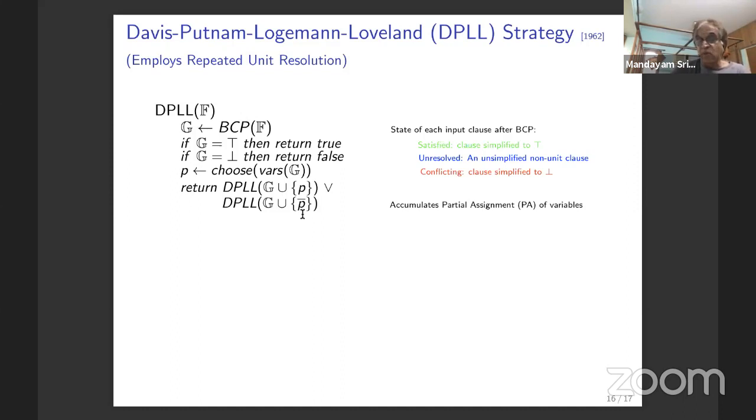That's why there is a backtracking that you will have to do, because you're forcing a decision on P whose outcome you're not clear about. This recursive invocation will call BCP again. So that's like exploring the branch with P being assigned true, to see if you can get a result there.